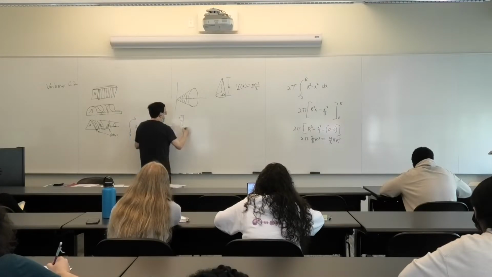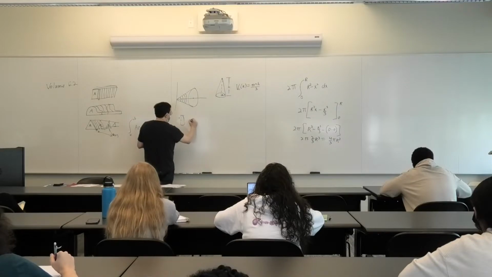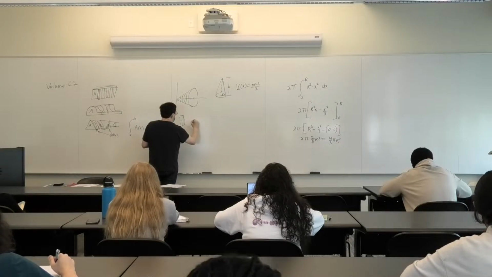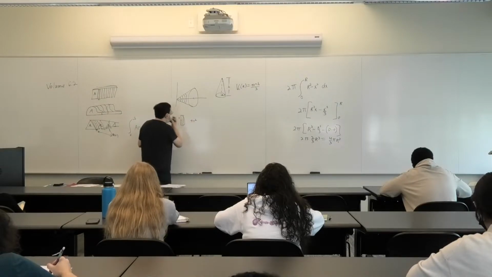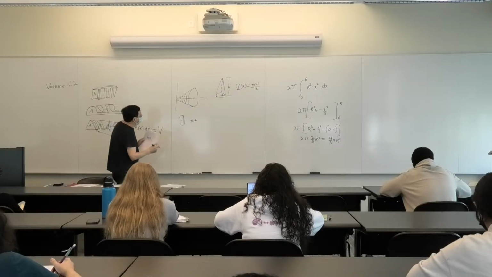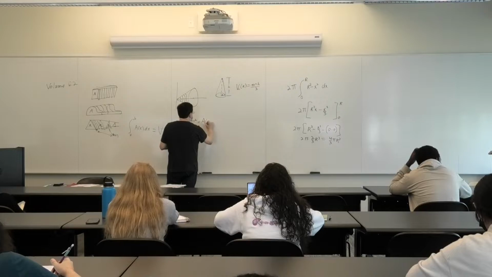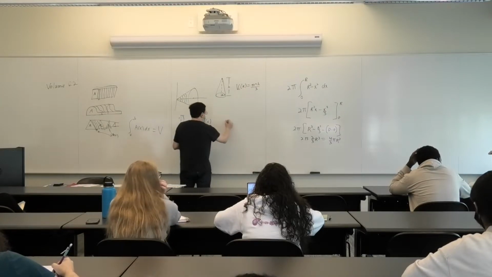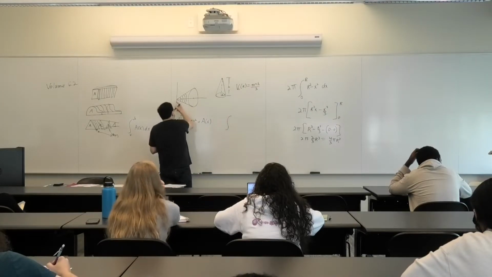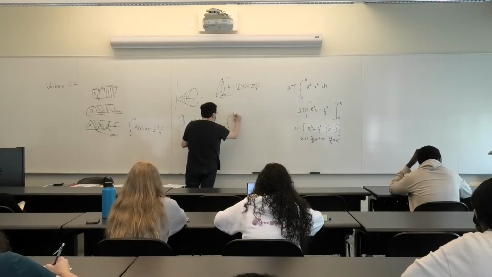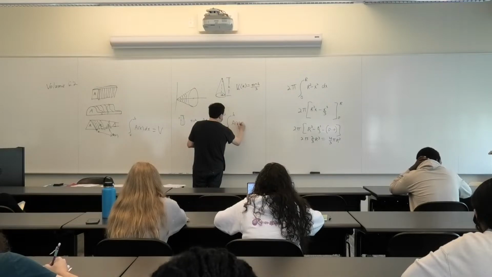So the area of each of these circles is, of course, pi y squared. So this is our area function. So we're going to integrate our area function from 0 to our height, whatever that happens to be.